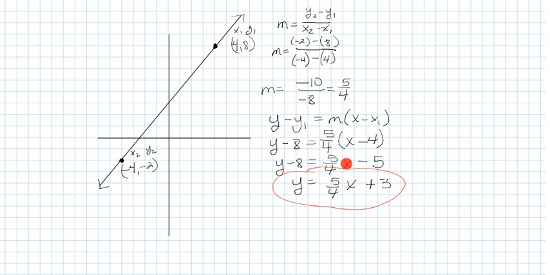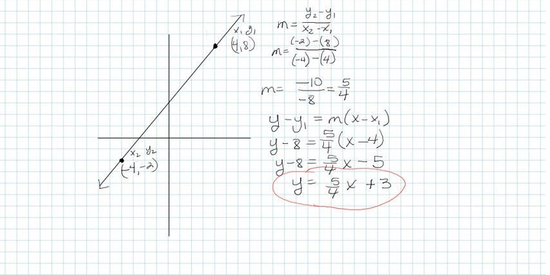So we're going to get 5 over 4x minus 5. When we multiply 5 fourths times a negative 4, the 4's will divide away, and we'll be left with a negative 5. So we have y minus 8 equals 5 over 4x minus 5. When I add 8 to each side to solve for y, we get y equals 5 over 4x plus 3. And we now have our equation to our graph.